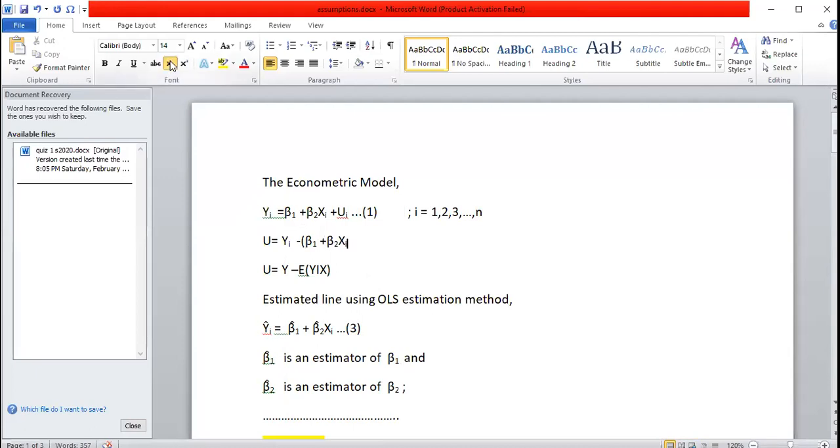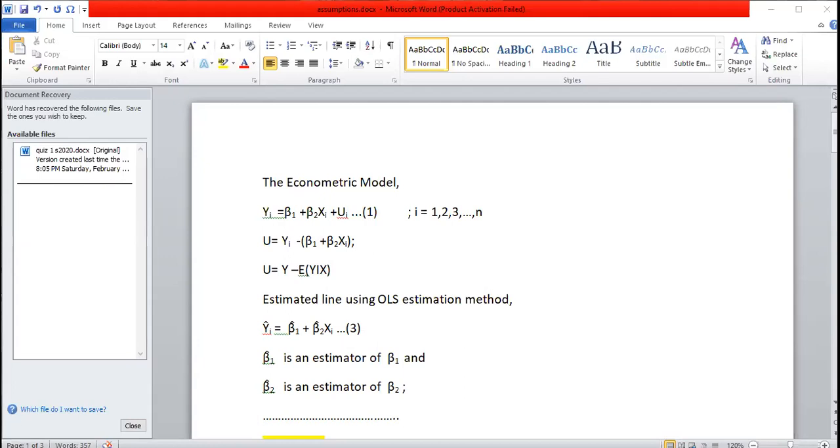And expected value of Y is beta 1 plus beta 2 Xi, the population regression line. So basically U is nothing but Y minus expected value of Y. So remember this, U equals Y minus expected value of Y.